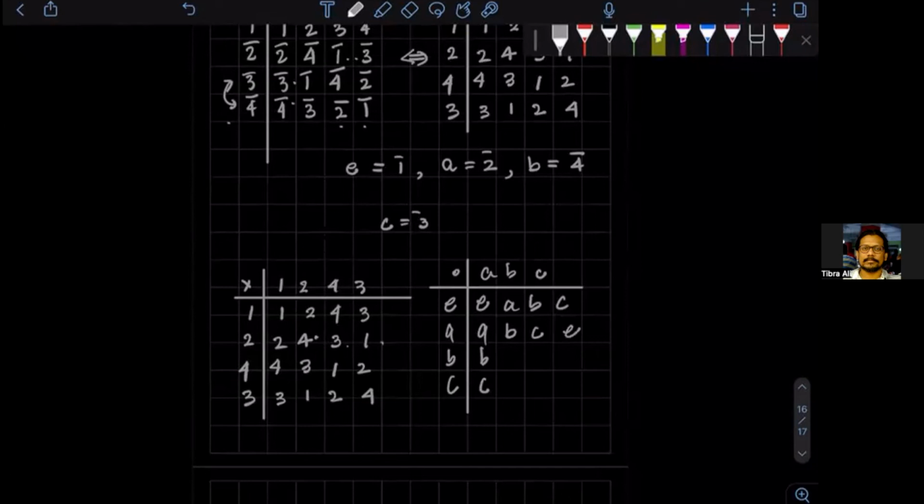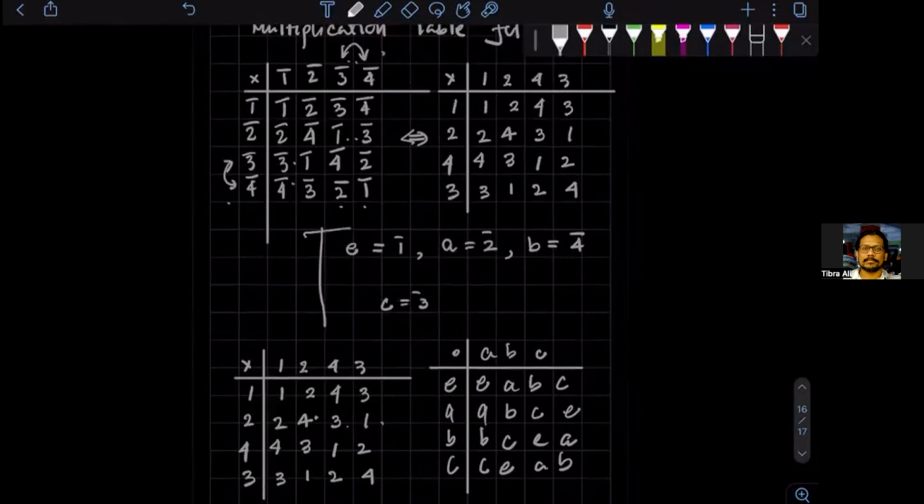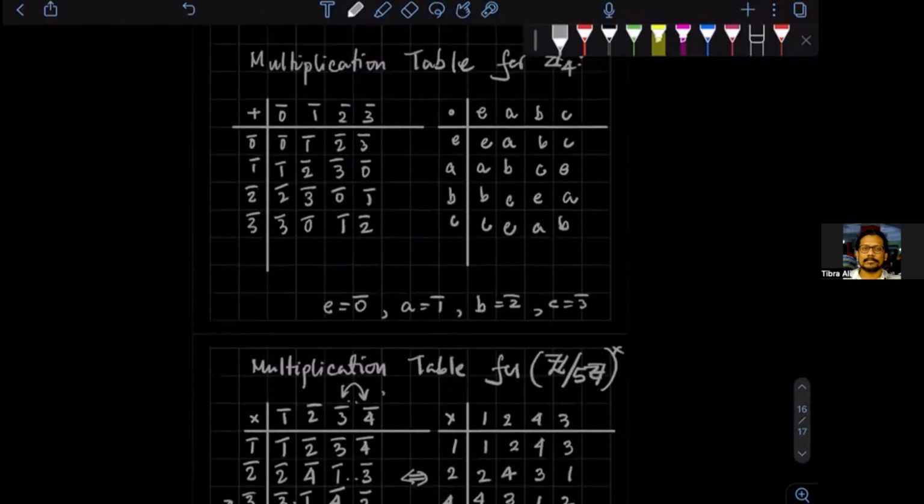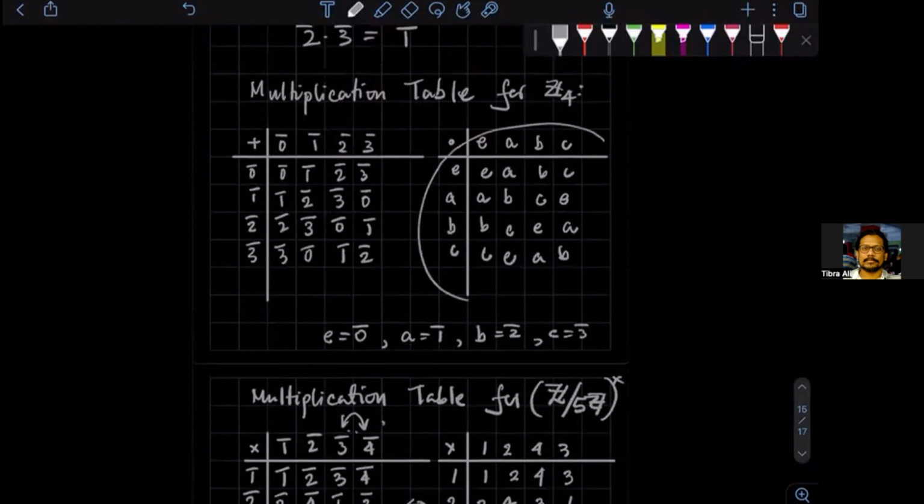So we see B, C, E, A, and C, E, A, B. So with the identification of these, we get exactly the same multiplication table as the previous group.